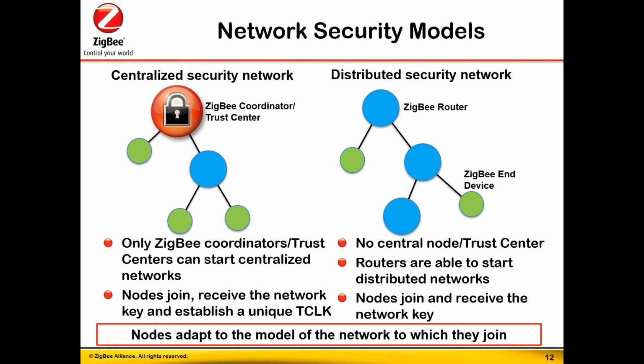Obviously, there's no trust center link key in this case, as there are no trust centers. But then everything is very similar to the centralized case. The key important thing here, I think, is that nodes that wish to join a network, regardless of what that network type happens to be, simply adapt to the model of the network on which they're joined. So it's very flexible, and the nodes themselves don't need to know what type of network they're actually joining.